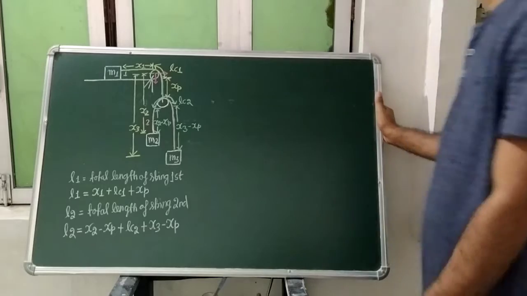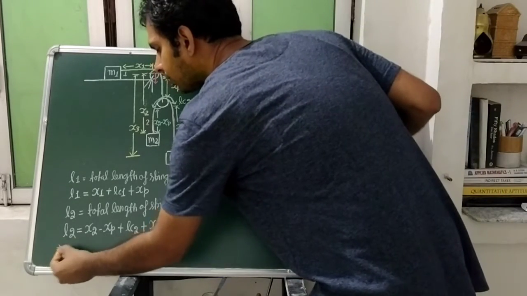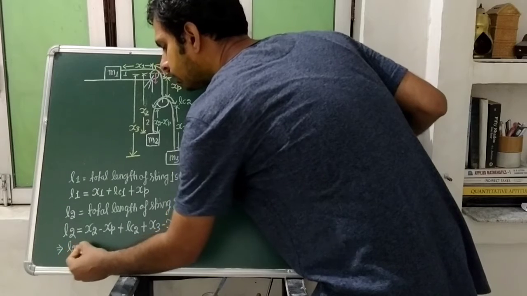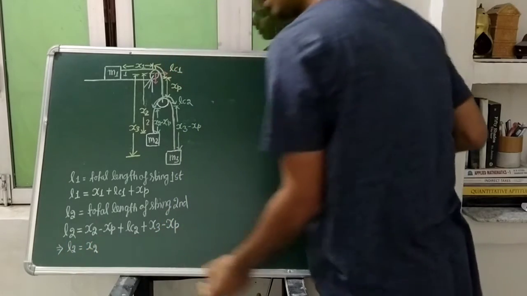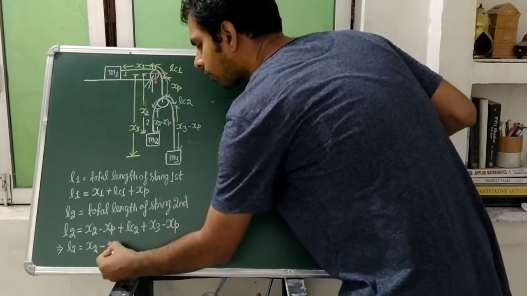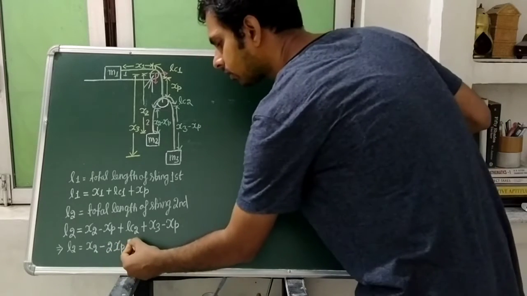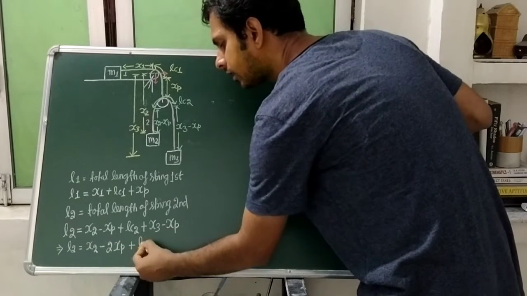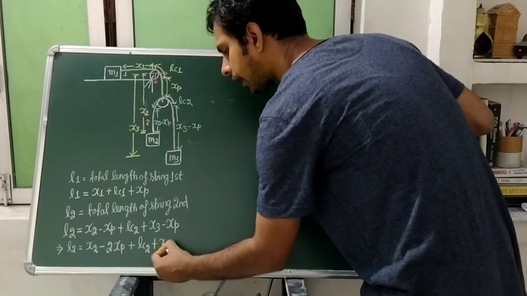Isn't it, students? And we can write it in this way as well: L2 should be equal to what? x2, and this minus xp and minus xp will become minus 2 times xp, plus LC2 plus x3.